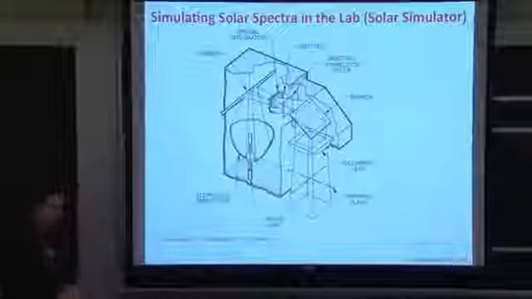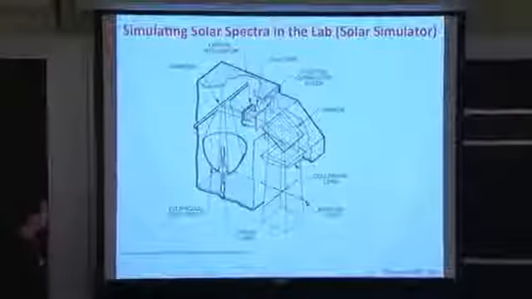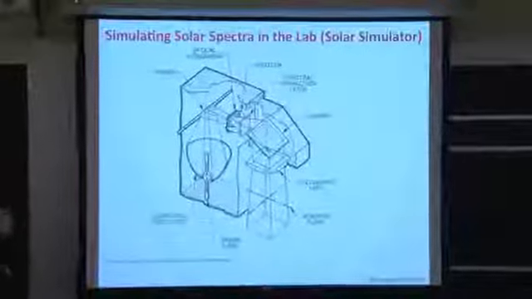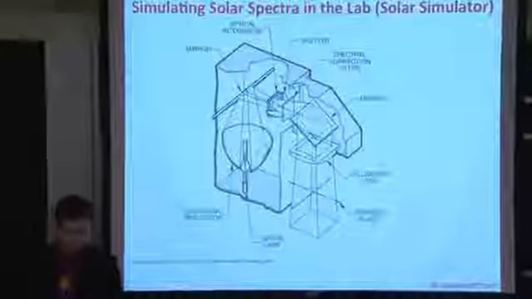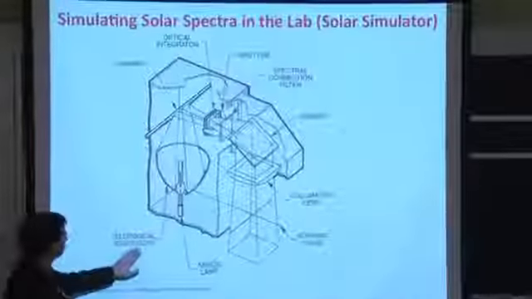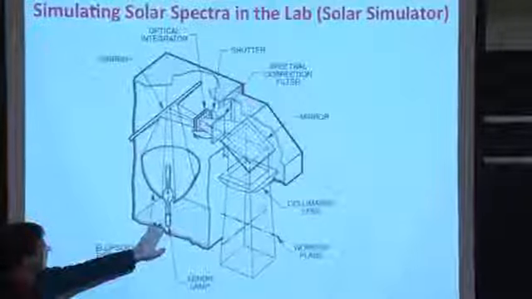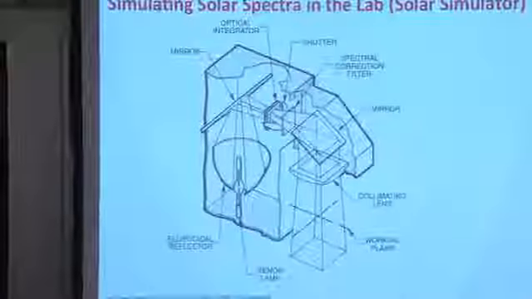So the solar simulator, this is a schematic coming off of the Newport website. Many of the solar simulators in the laboratories here at MIT, as you'll see as you walk around, are Newport Oriel or related brands. We have the light source back here. Note the type of the lamp right here. It's a xenon arc lamp.